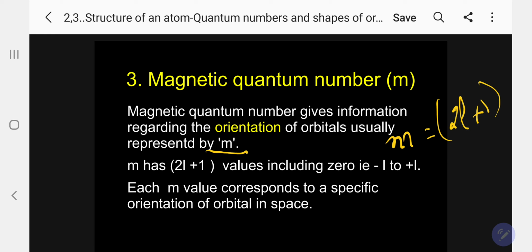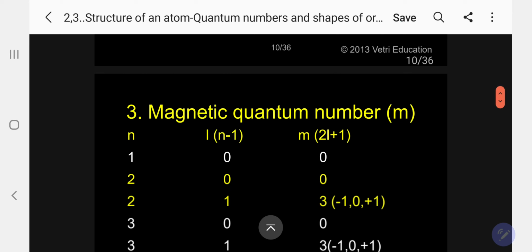Suppose L equal to 0, what can I write? 2 into 0 plus 1. That means m equal to 0. Kindly follow. So, each m value corresponds to a specific orientation of the orbital in space. I will discuss clearly now.